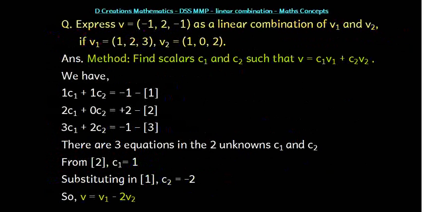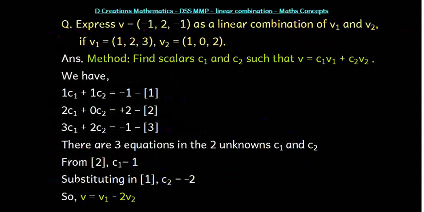Similarly, you have 2 as the second component of v1, so you multiply it with c1. You have 0 as the second component of v2, so you multiply it with c2. The addition of these leads to the second component of v, which is 2 itself. Similarly, 3 is the third component of v1.